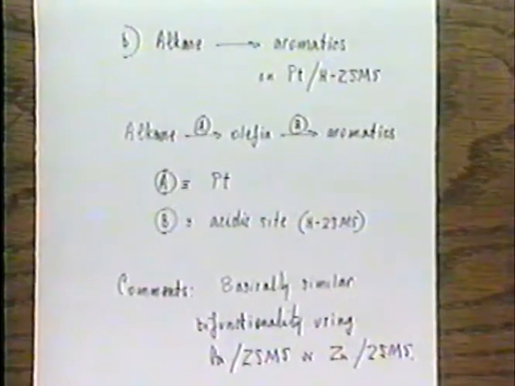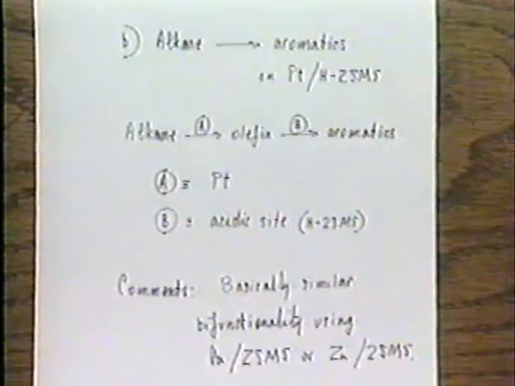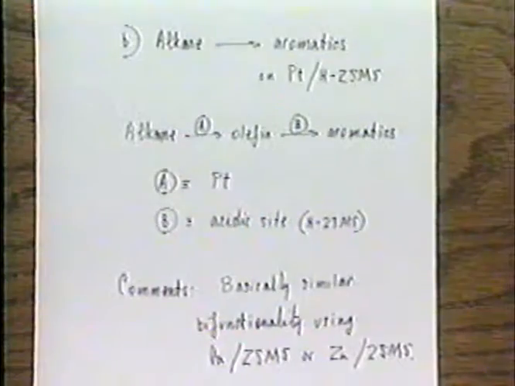Which is the conversion of alkanes to aromatics on a catalyst consisting of platinum dispersed on ZSM5 zeolite. Now I need to just give you a little bit of background about this. ZSM5, you remember, is a zeolite which is best known for its ability to convert methanol to aromatic hydrocarbons, and I referred to that in one of the previous lectures.